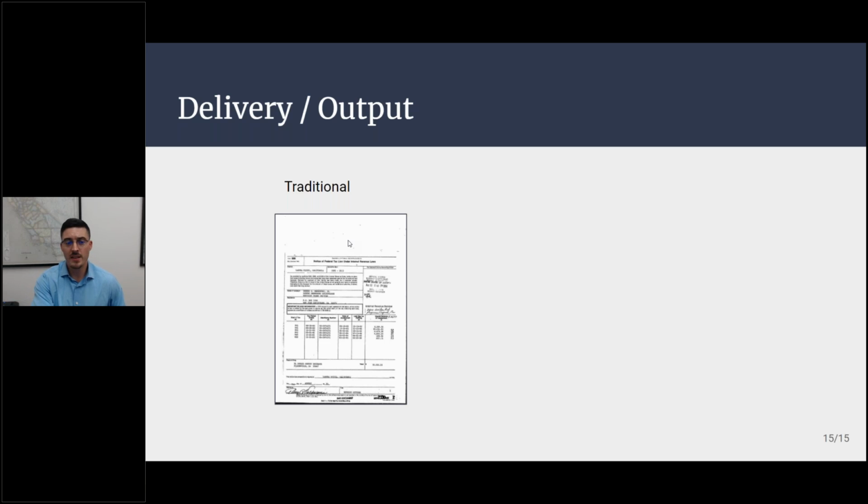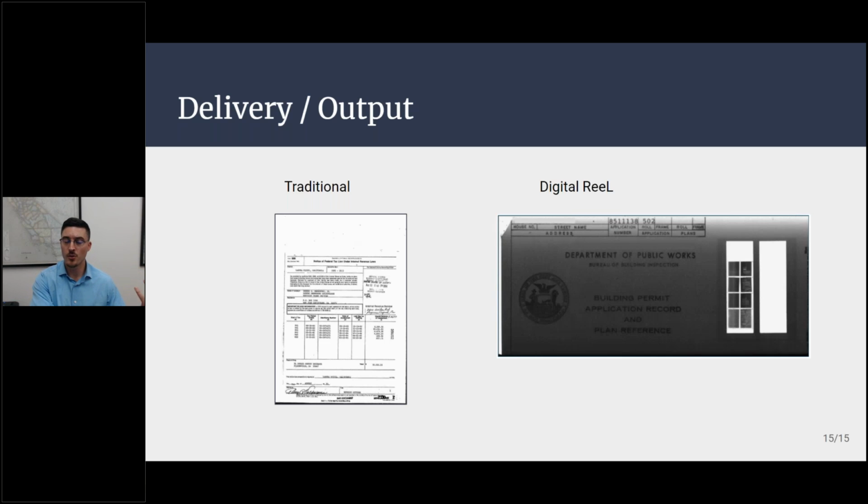Now, the other method compared to traditional is our digital reel application, which is something we created for microfilm back in the day, but we apply it to a lot of projects these days. And what you get with that is this, an actual picture clipping from digital reel. So what we do is we scan your Aperture card and we present it as the original file. So what you're seeing is actually what you'd be looking at within your application.